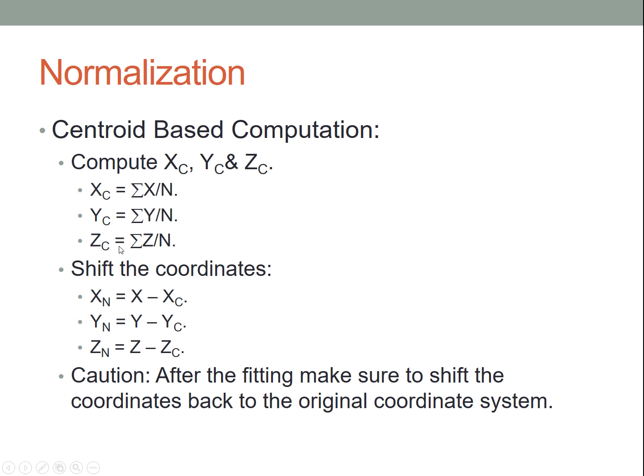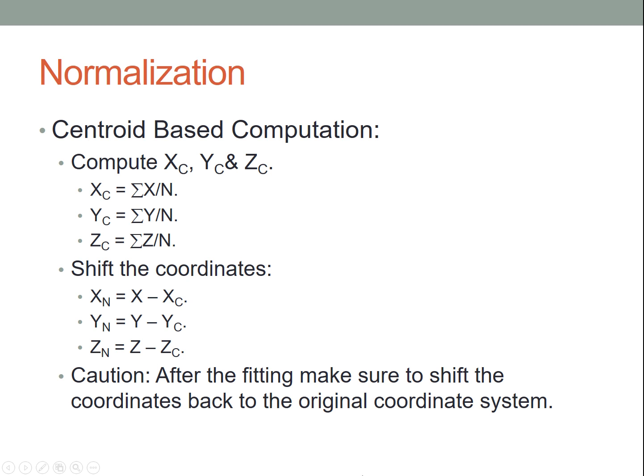Basically I'm finding the centroid of the x, y, and z, and putting my origin at that location, and then I'm going to shift all my coordinates based on that center. So they all shift over, and then we do all of the math that I just talked about.